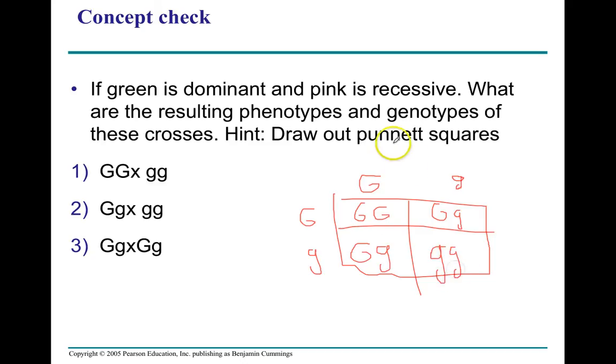And write down. So if big G is green and little g is pink, then when you cross two parents which are heterozygous, you get 75% green color organisms and 25% pink color organisms. So that will be the result of the cross. So you can perform similar crosses for problem number 1 and 2 to understand how it goes.